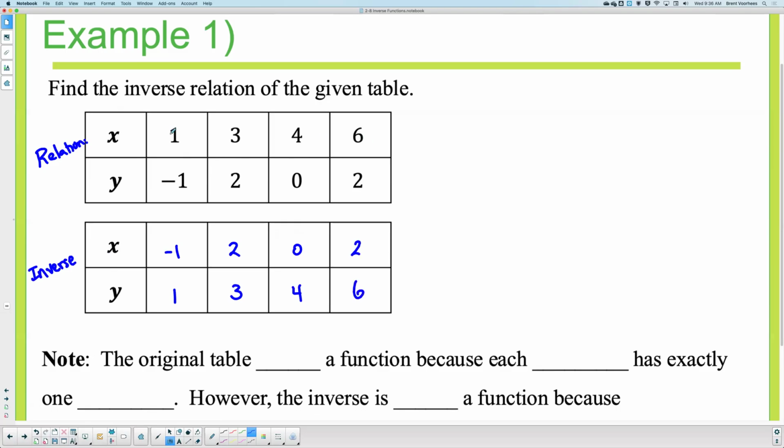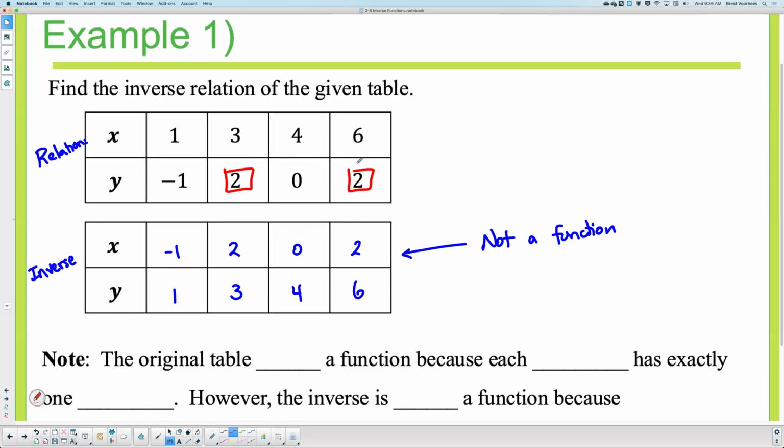Now over here, this was a function because each and every x has one and only one y member. But the inverse is not a function. Now the reason I knew it was not a function is because two y values here have different x values.